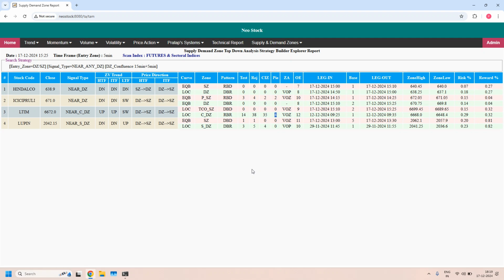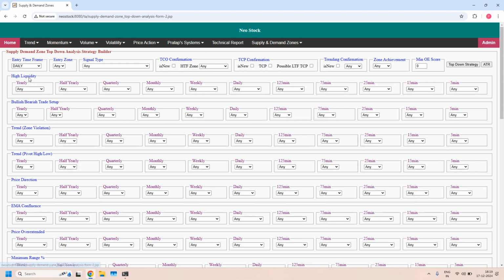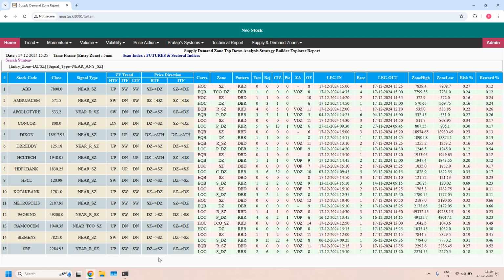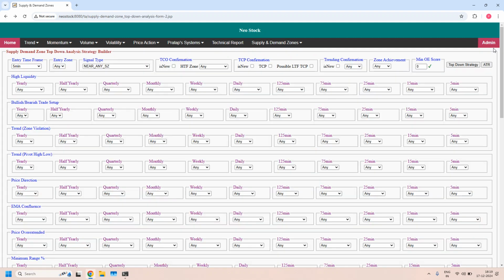Next, 5 minutes time frame. Stocks near 5 minutes supply zone. We got 15 stocks. Out of these 15, how many are having ITF supply zone confluence?